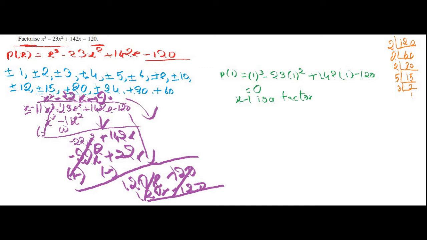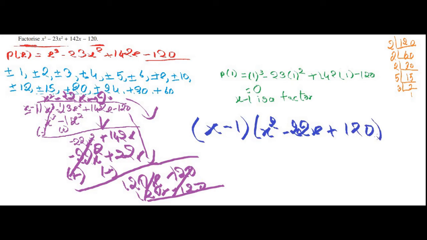So we can represent it in the form x minus 1, taking it as common, into x square minus 22x plus 120. So this is the term that we got.